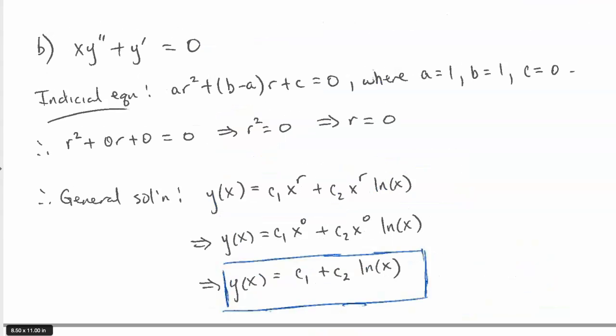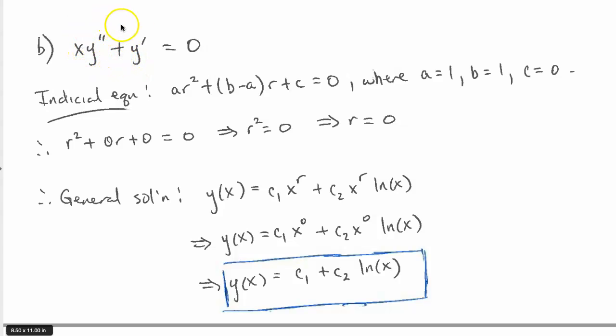All right, so for our next example, we see that I've done the work here, but notice that this is not in the standard Euler-Cauchy form for a second order ODE. So what we have to do here is see, can we force this to look like it's in its standard form?